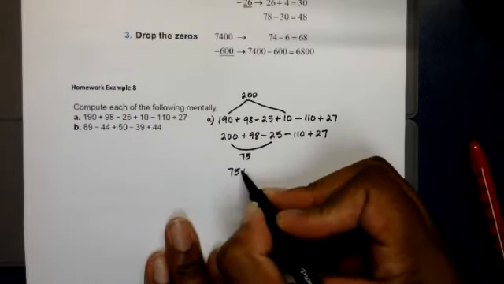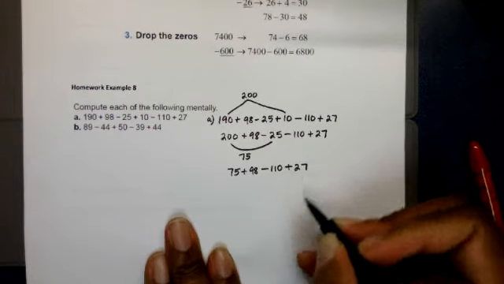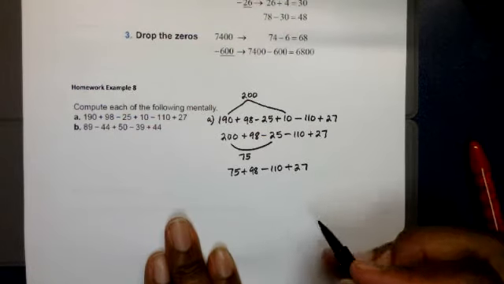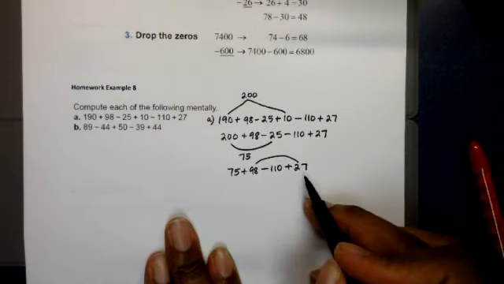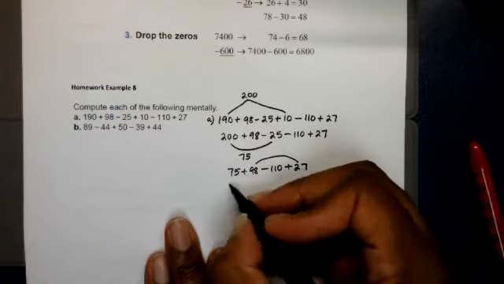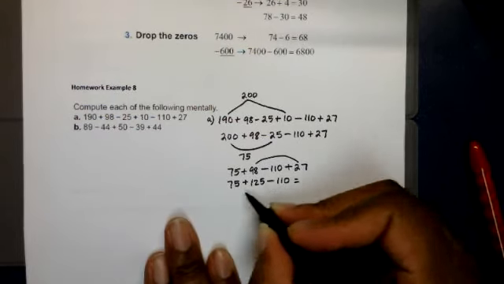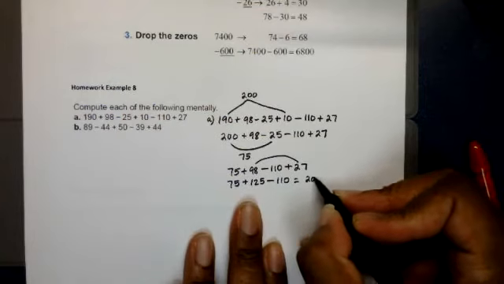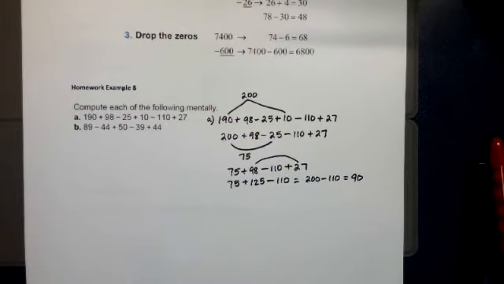So that would be 75 plus 98 minus 110 plus 27. I guess if I do 98 plus 27, that would be 125. So 75 plus 125 minus 110. And then 75 plus 125, that's 200, minus 110 would end up being 90.